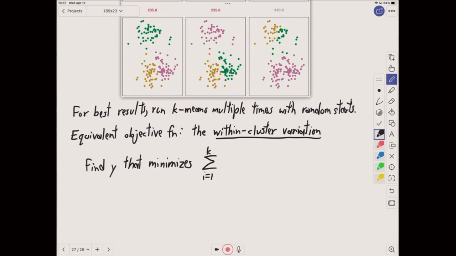So we're summing over all of the clusters. Within each cluster, we're going to look at every pair of points, with index j and index m in cluster i, and we're going to take just the square of the distance between those 2 points.